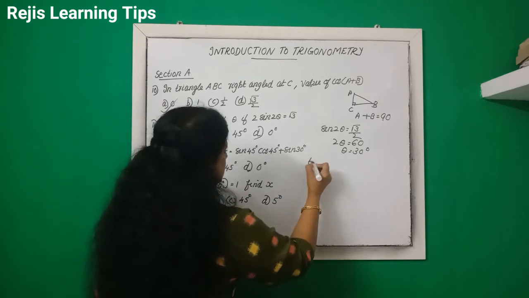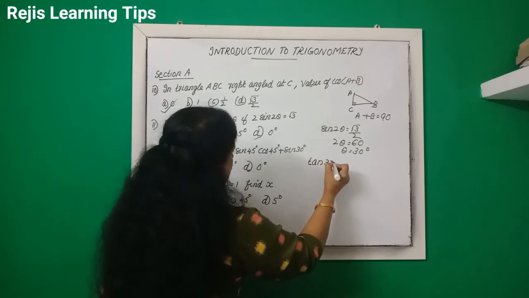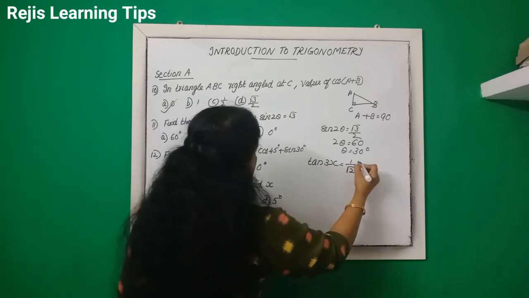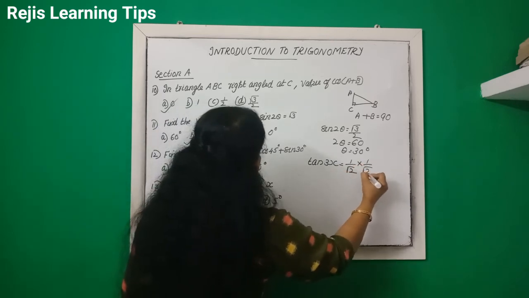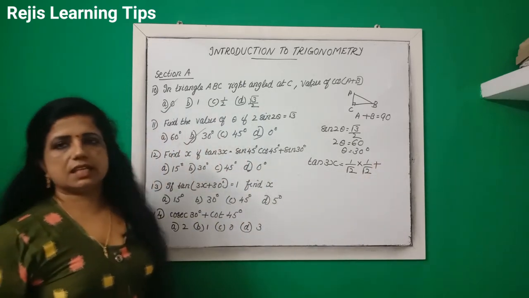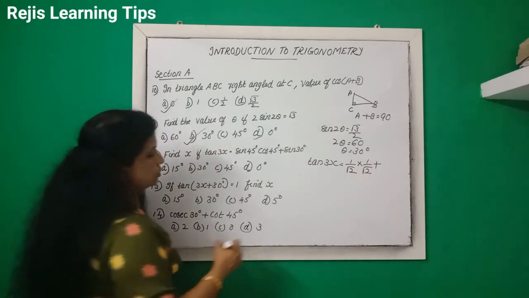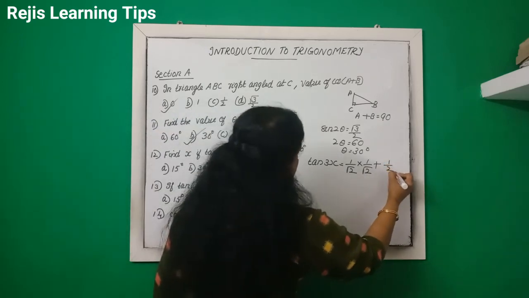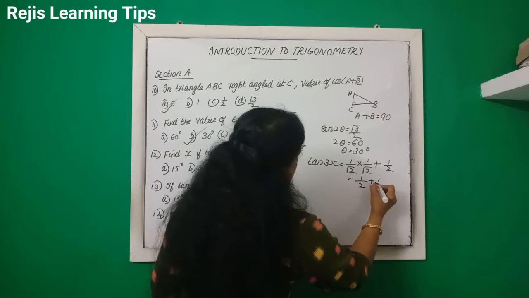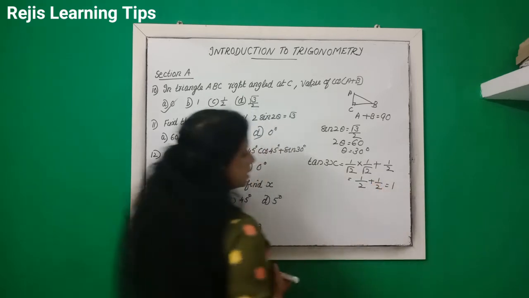Find x if tan 3x is equal to sin 45 into cos 45 plus sin 30. Tan 3x is equal to sin 45, that is 1 by root 2, into cos 45 also 1 by root 2, plus sin 30, that is 1 by 2. So 1 by 2 plus 1 by 2, that is equal to 1.